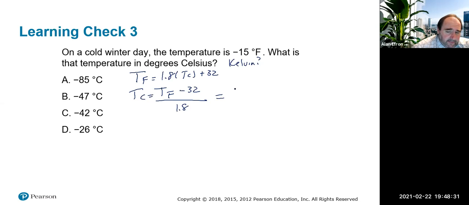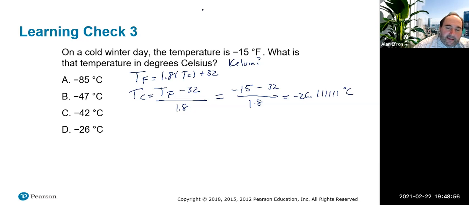In this case, the minus is important, so that's going to be minus 15 minus 32 divided by 1.8. And we would end up with, I believe what everybody was punching in, minus 26.1111, a whole bunch of ones, degrees Celsius.